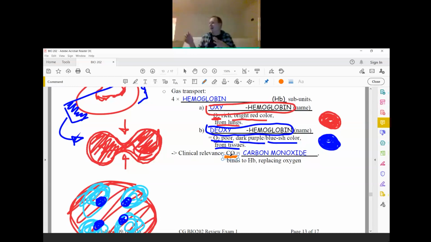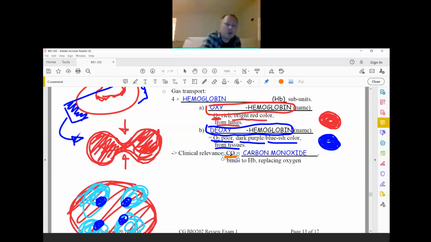We find it when we have something that doesn't completely burn. So, for example, you have a fireplace. It's not fully out, but you close the fireplace anyways. And some of those gases that still get released by that final burning are going to be carbon monoxide. So you can get carbon monoxide poisoning. You also have a small amount of carbon monoxide in cigarette smoke.